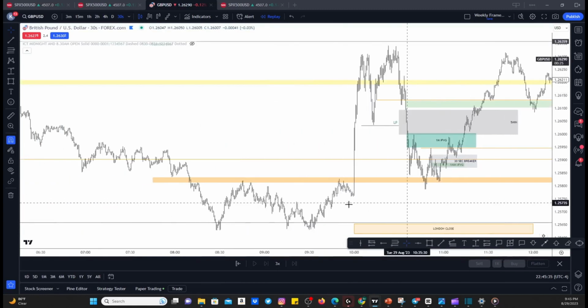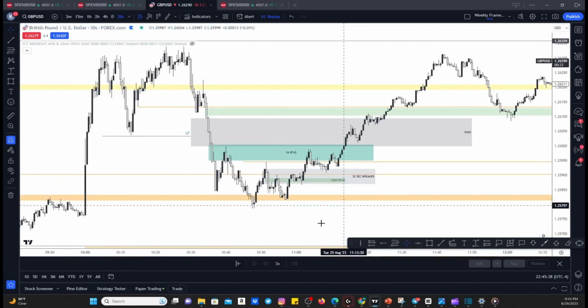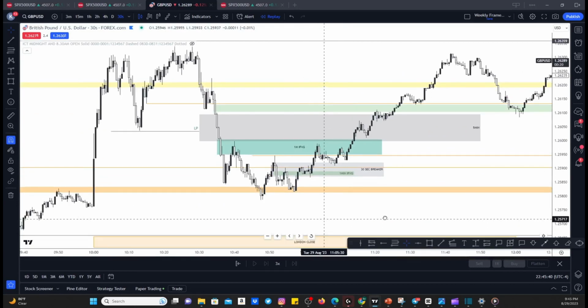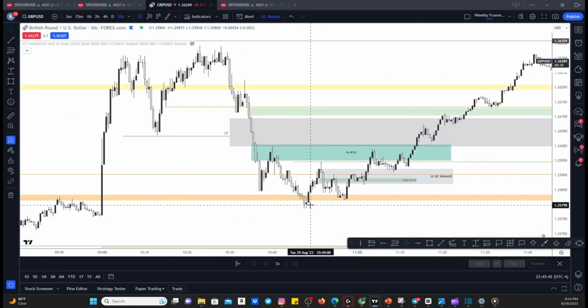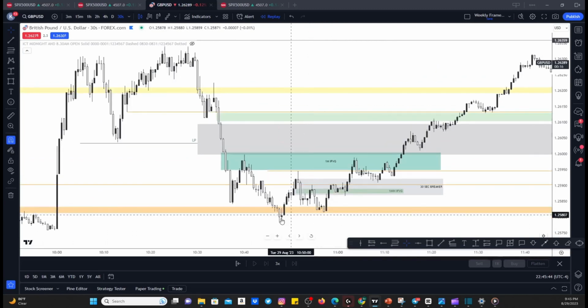So now, 30-second chart. What do we have? Well, first of all, we had this last run lower, boom, into that 15-minute inversion fair value gap. Then we trade higher, breaking the structure.